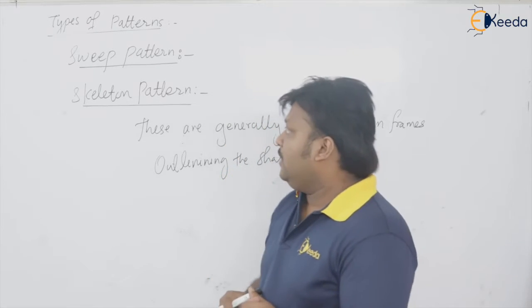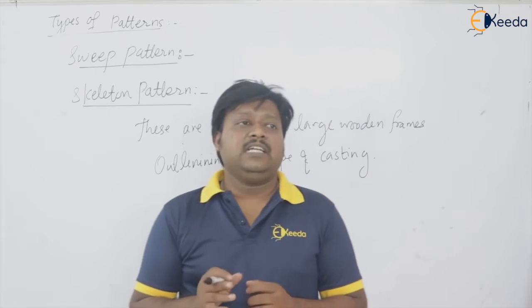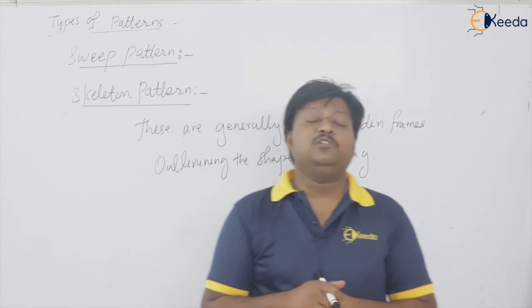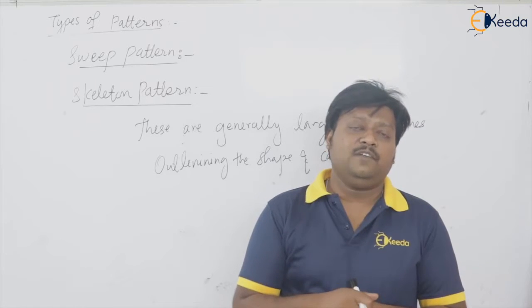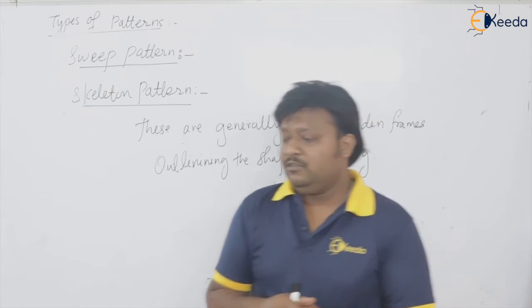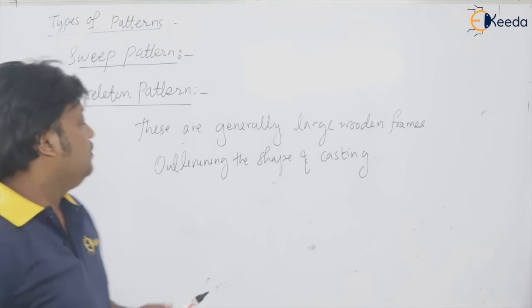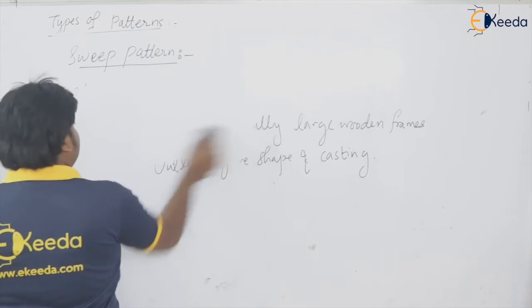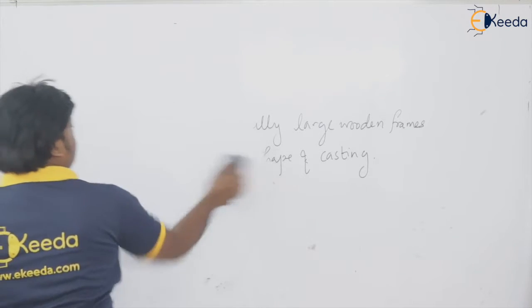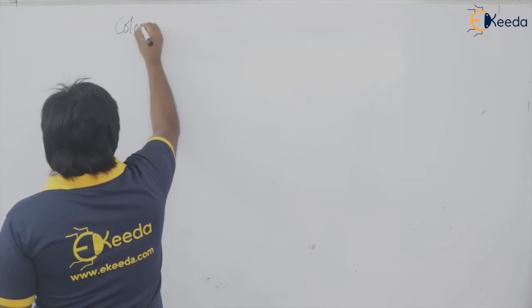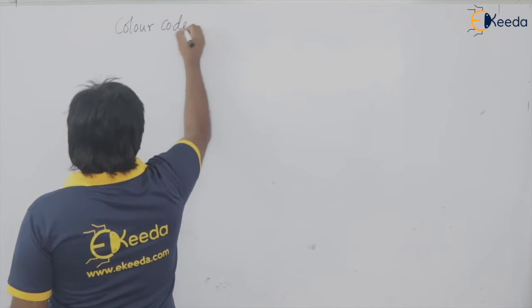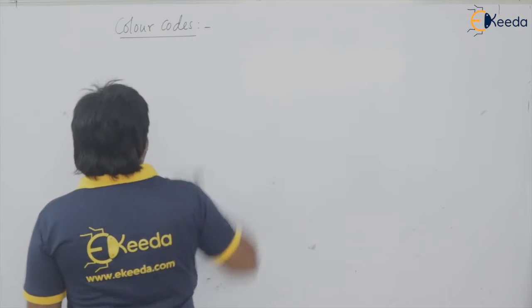Now after that, which are the color codes we are going to use in the preparation of a pattern? These are really helpful for the mold makers. The color codes used for the pattern.